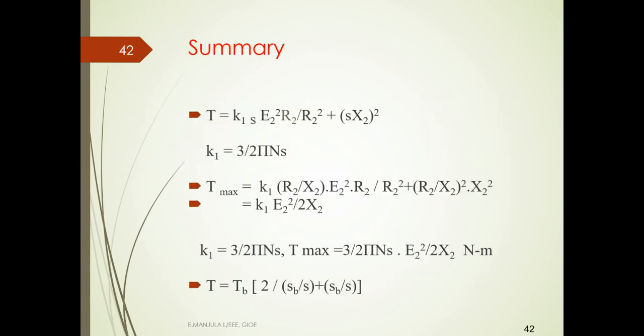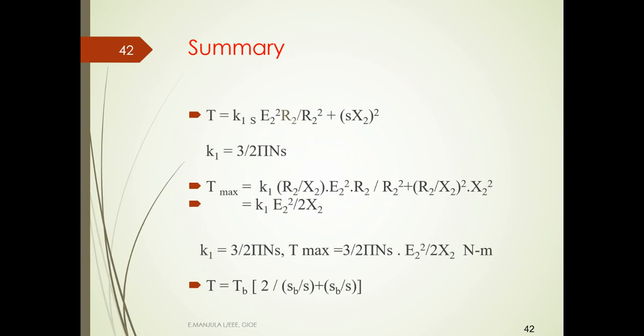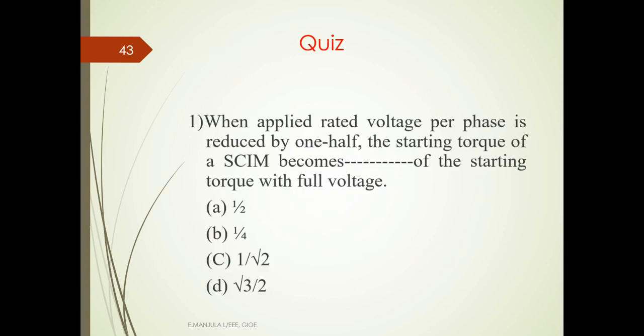So the summary is that we have discussed the rotor gross output, the maximum torque, the torque at any slip, the starting torque, everything.